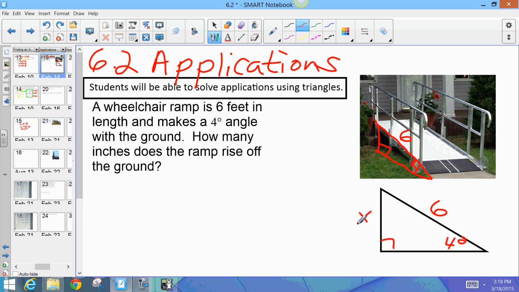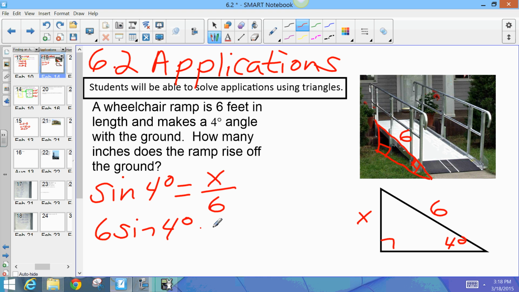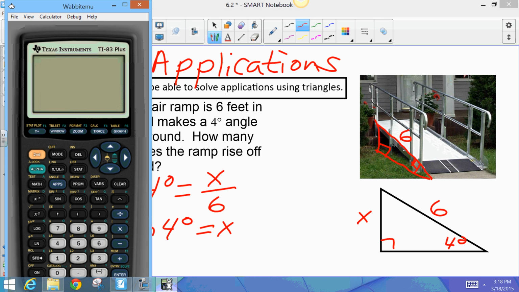Opposite and hypotenuse is a sine ratio, so I'm going to write the sine of 4 degrees equals x over 6. Okay, and then I'm going to solve for x. So I have 6 times the sine of 4 degrees. Okay, I'm going to bring up the calculator. Calculator shut off.